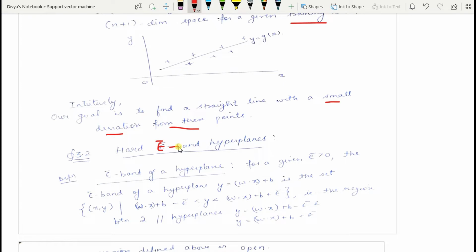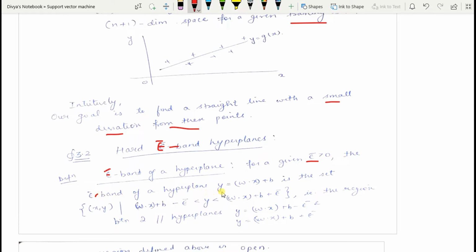concept, which is epsilon band hyperplanes and hard epsilon band hyperplanes. The definition of the epsilon band hyperplane is, for a given epsilon bar, we are writing epsilon bar here just to differentiate this epsilon from any epsilon we'll be using in the proof. This epsilon bar is fixed.